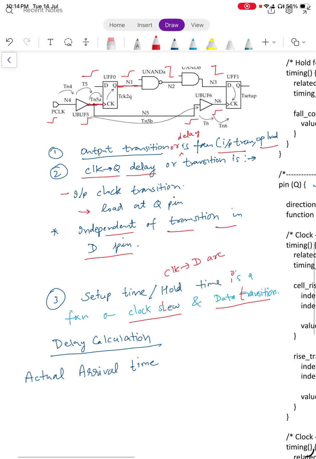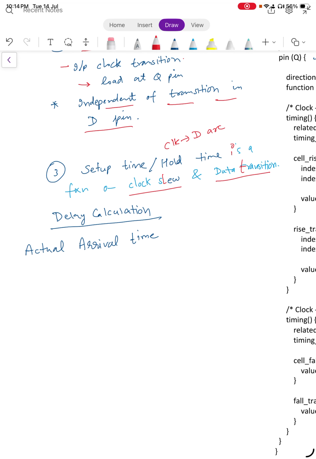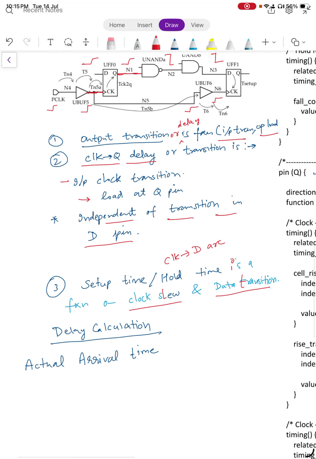Let's start with the actual arrival time calculation. Let's start writing the equation.